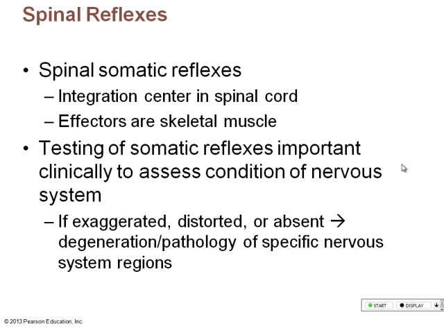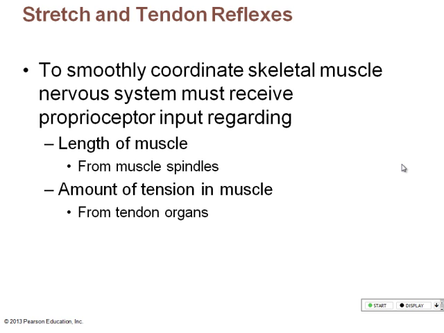Spinal reflexes can be tested to see how spinal nerve groups are doing. Integration centers are in the spinal cord, and the effectors of spinal reflexes are skeletal muscle. So that's part of the torture lab I talked about last class; we're going to look at some of these reflexes to see if you're all working properly.